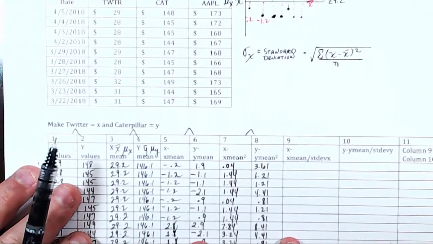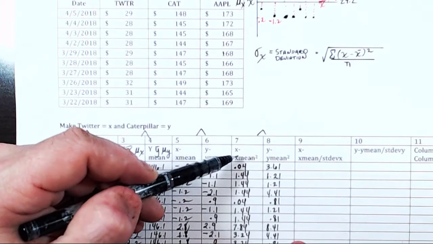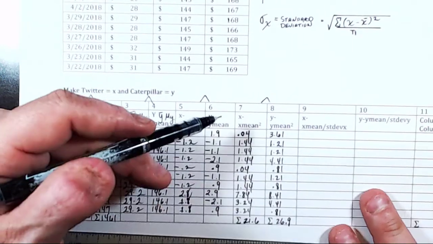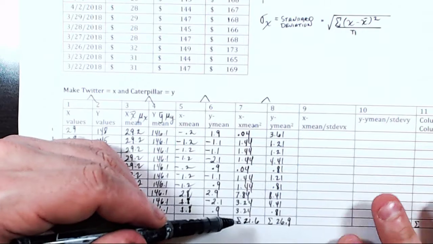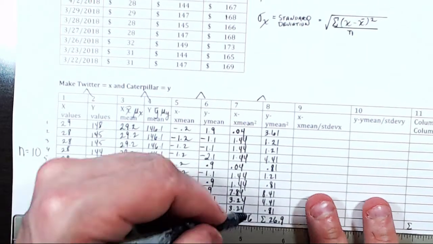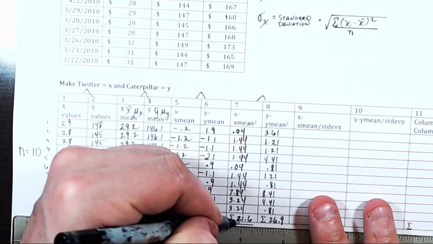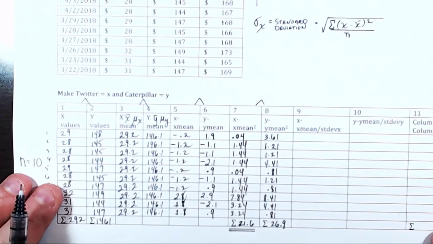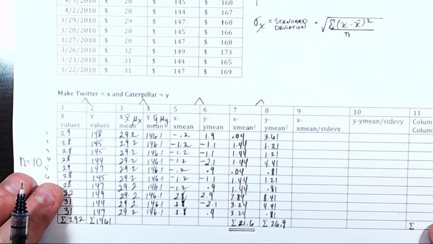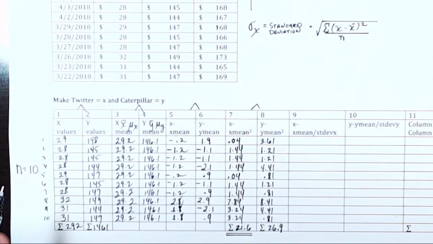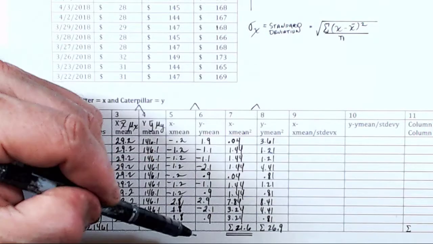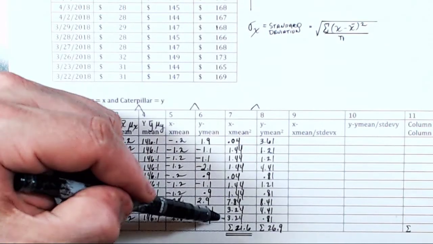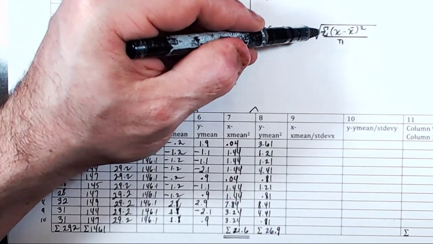Let's go over here to column 7. If I look down to the bottom of column 7, I find that I have indeed calculated the sum of the squared differences from the mean. So now I have the numerator under the radical.